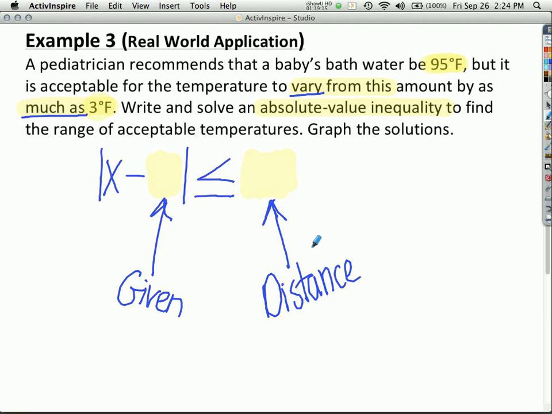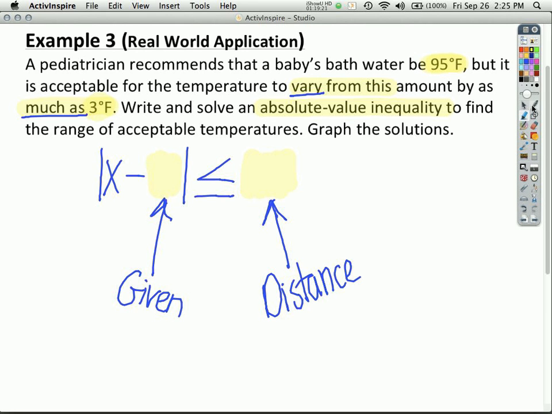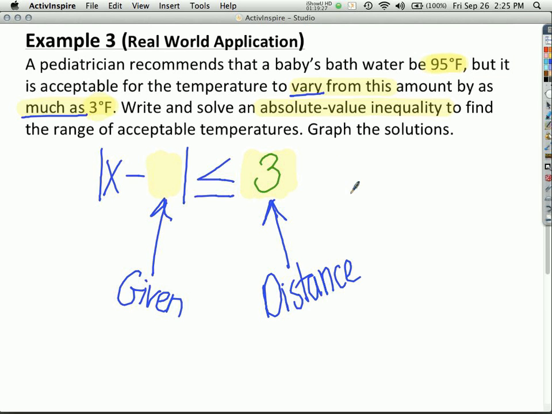The distance is the one that says vary or differ or distance or something like that. So in this case, it's varying as much as 3 degrees. And what's the given number? What's the recommended number? It's 95. That's going to go there. Now solve it. We already know what the solution is. We just saw it.